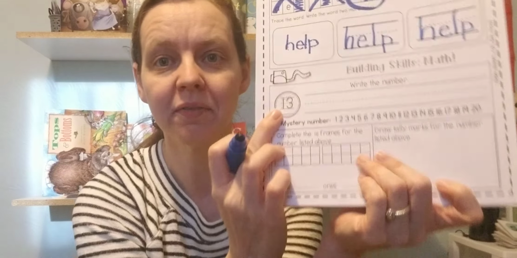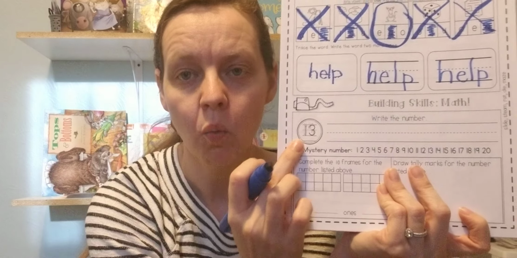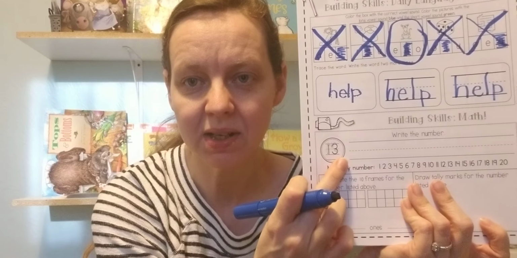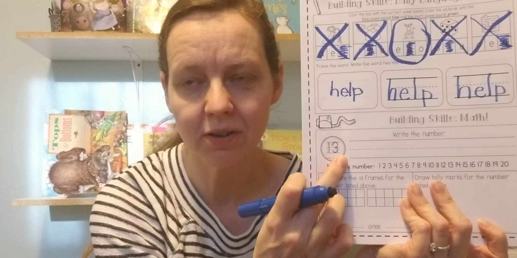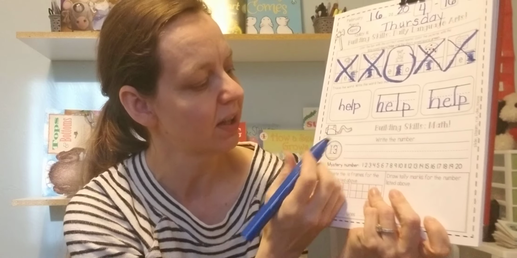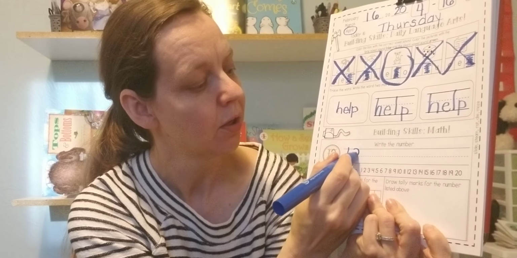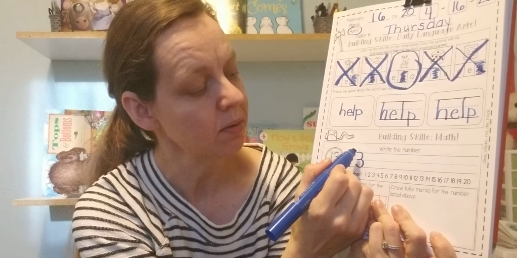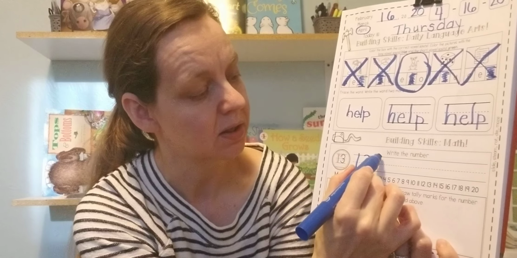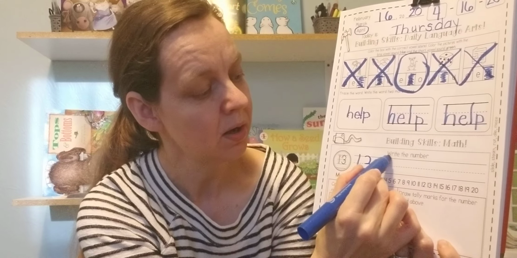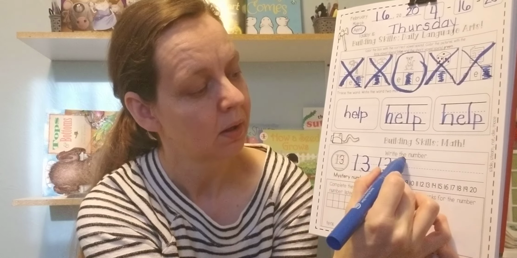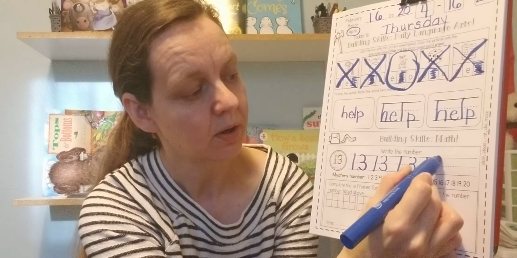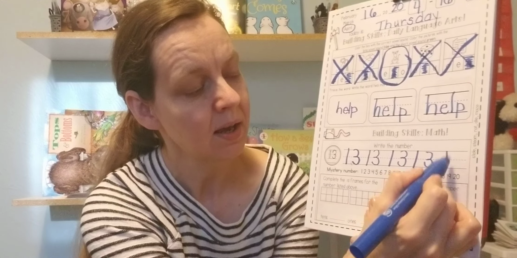All right, our number of the day, a 1 and a 3. The 1 tells me it's a teen, and the 3 tells me it's 13. So let's write 1, 3. Make sure you have 2 going around, 2 around, and that it's touching the top and the bottom. 1 around, down, around, down, around, down, around.